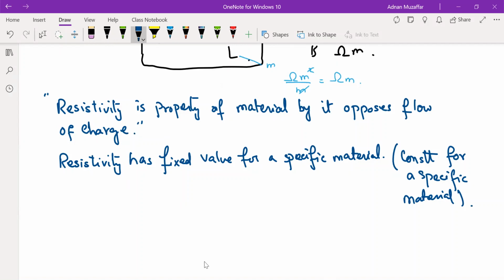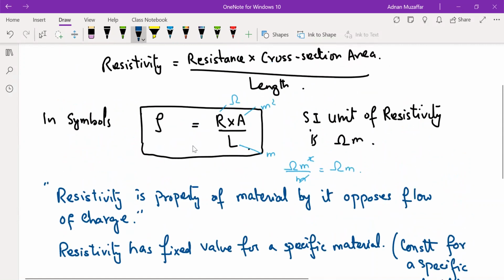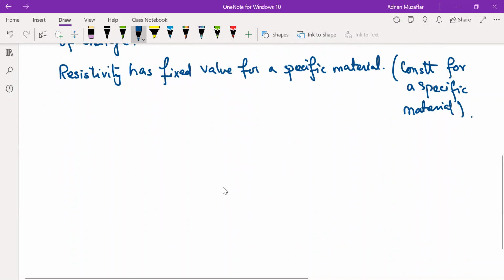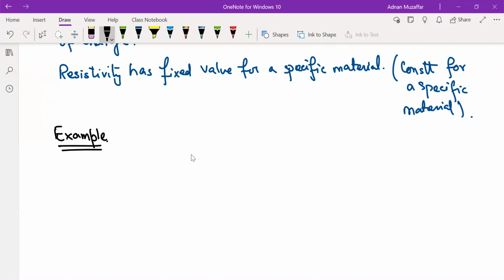So what type of questions can they give you and how can you solve them? Let me give you an example. Suppose there is one wire here, and its diameter is D, for example.